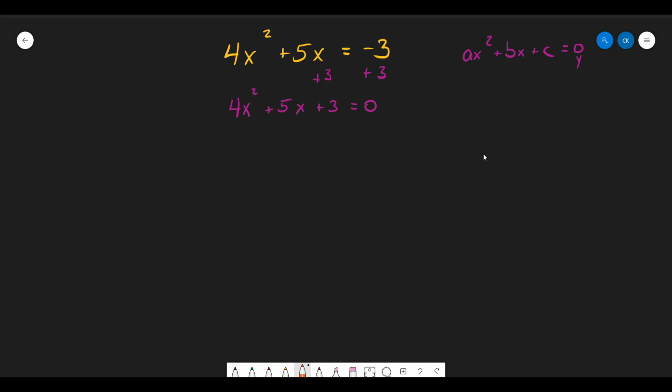Now, in order to find the discriminant, I have to work with my discriminant formula, which is b squared minus 4ac. Just like in the quadratic formula, the only things I need to know are a, b, and c. In this case, 4 is my a, positive 5 is my b, and positive 3 is my c.